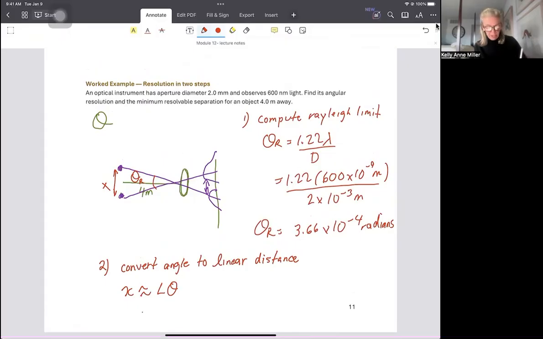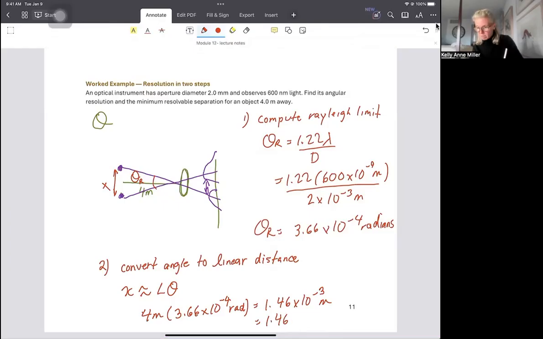So we can say that L equals 4 meters, and we're going to multiply that by the Rayleigh limit that we got, 3.66 times 10 to the negative 4 radians. And that equals 1.46 times 10 to the negative 3 meters, which is 1.46 millimeters.